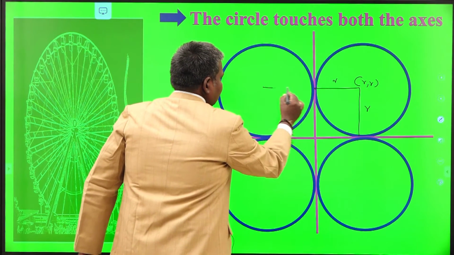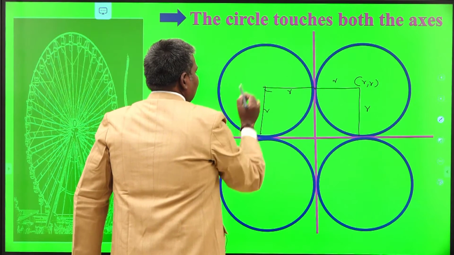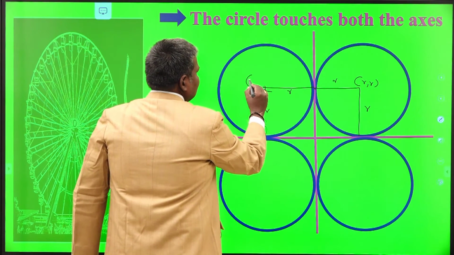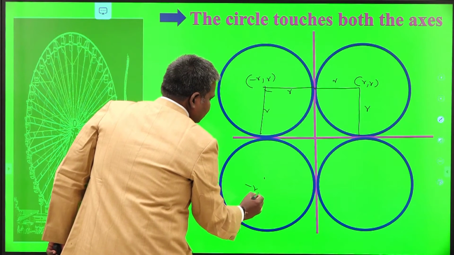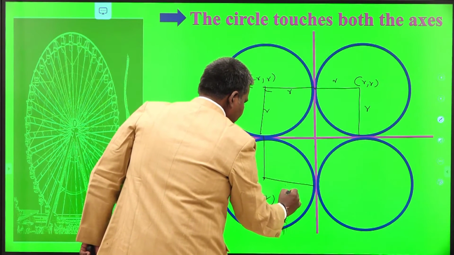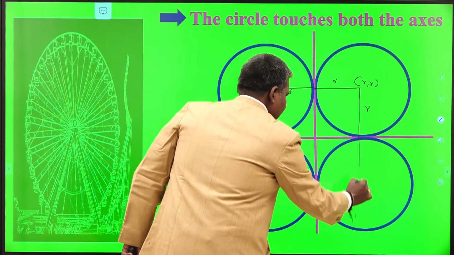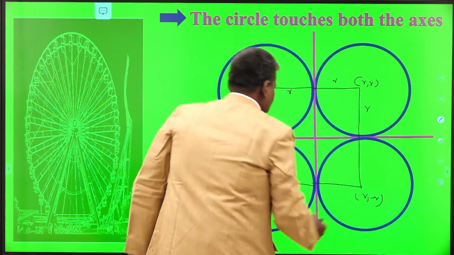In the same manner, here also distances are same, r and r. But when compared by quadrant, the center becomes what? Minus r comma r. Here the center is minus r comma minus r. This is same. This is r. It is also r. Here the center becomes what? r comma minus r.